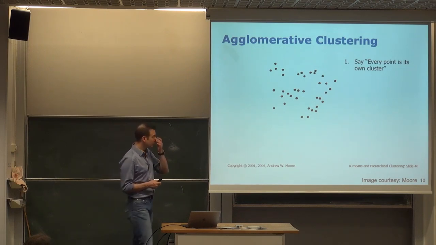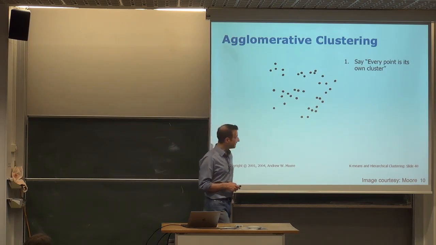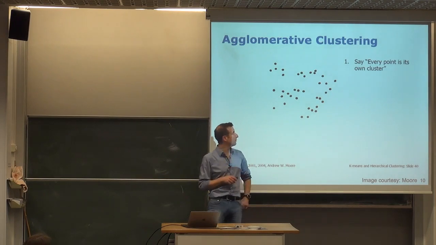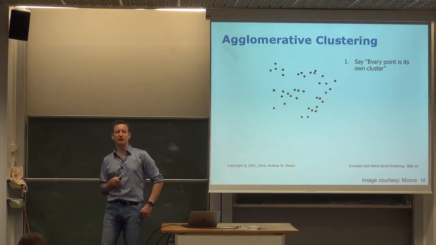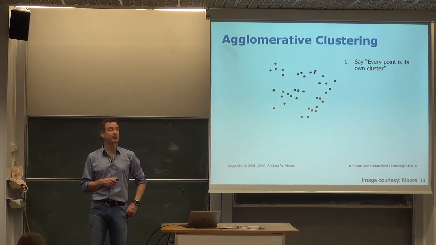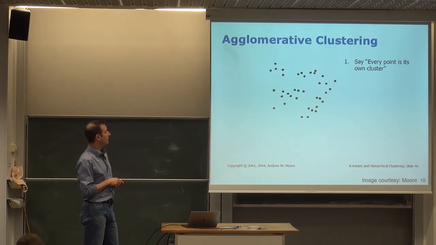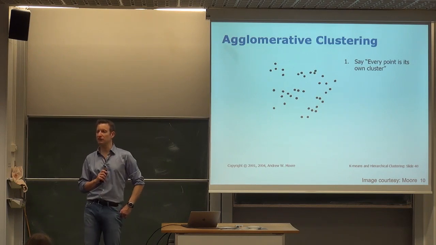So if you think about all those data points over here, and every one of those data points forms its own cluster, then the next thing is to find the two closest clusters and merge them. If you look at this data point, these two data points are the closest ones. So the next step would probably be to combine those 2 points into one single cluster.